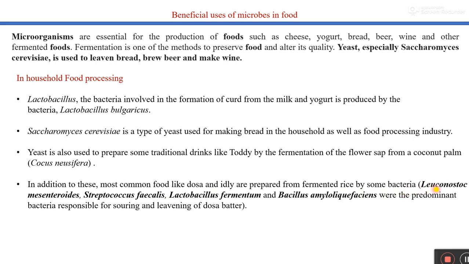Those bacteria are Leuconostoc mesenteroides, Streptococcus faecalis, Lactobacillus fermentum, and Bacillus amyloliquefaciens. And these are the prominent bacteria responsible for souring and leavening of dosa batter. So this is all about the bacteria which are generally responsible for household food processing.